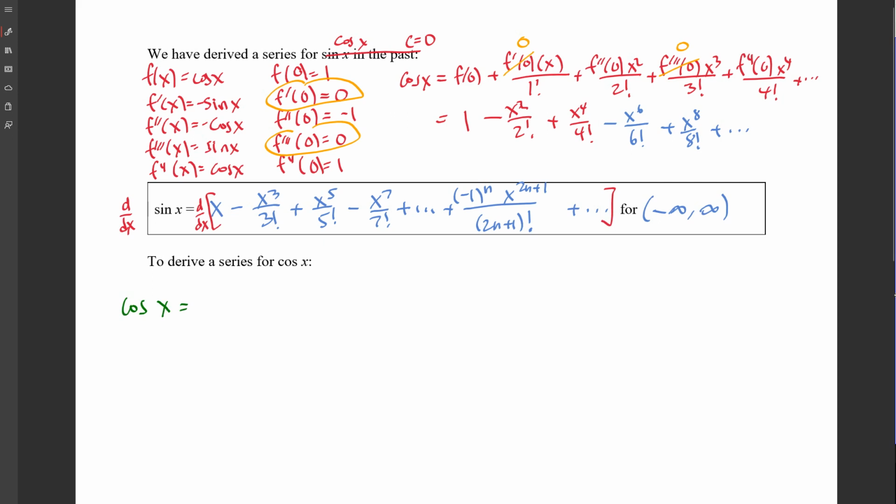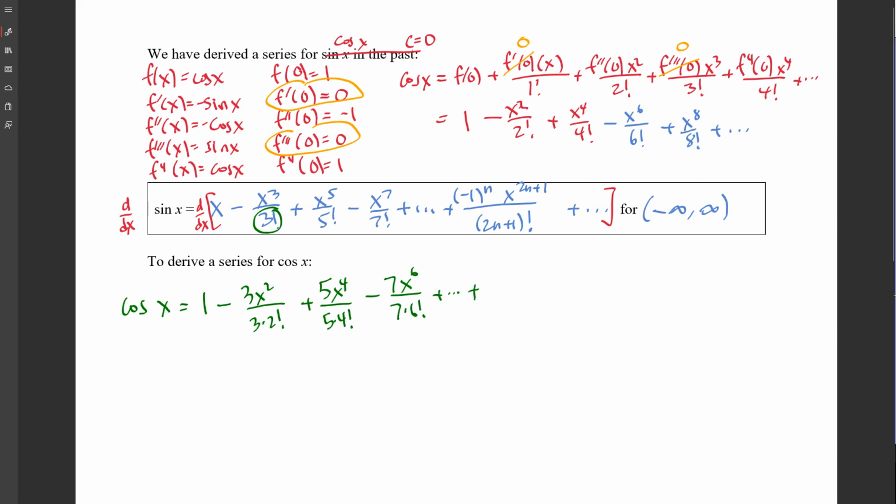What's the derivative of x? 1. What's the derivative of x cubed? That's 3x squared over 3 times 2 factorial, plus, what's the derivative of x to the 5th? That's 5x to the 4th over 5 times 4 factorial. What's the derivative of x to the 7th? 7x to the 6th over 7 times 6 factorial, plus dot dot dot plus.